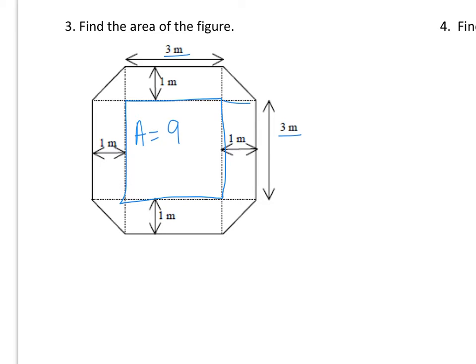These rectangles on the sides, they all have the same width, 1, and the same height, 3. And that might be switched, width and height, but they all have the same 2 measurements. So these all have an area of 3. So base times height equals 3.